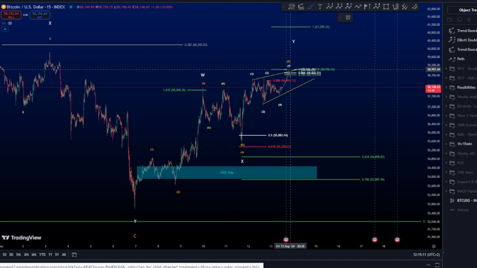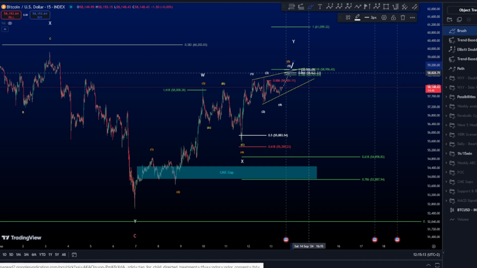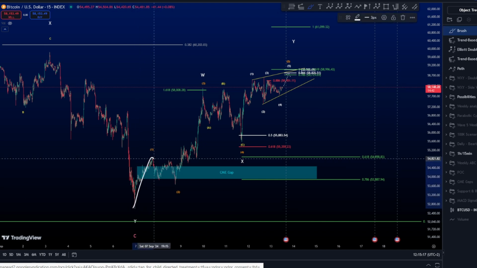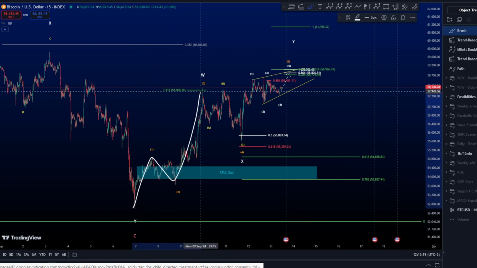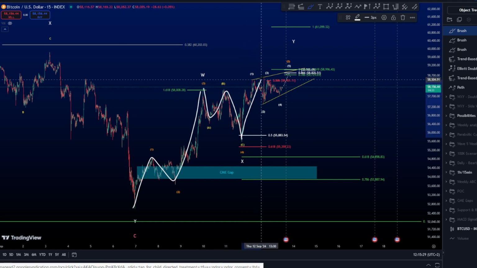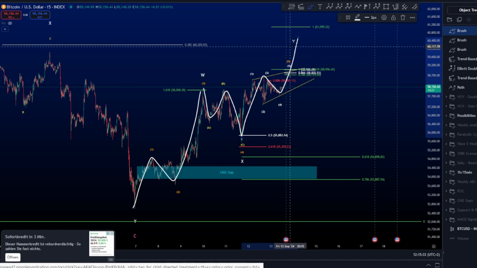So if we see higher prices than the 50,900, this might turn into a 3-wave zigzag W. Then we have here an X, also a zigzag, and we're going to see another zigzag here towards the upside, finishing a wave Y, also a zigzag.